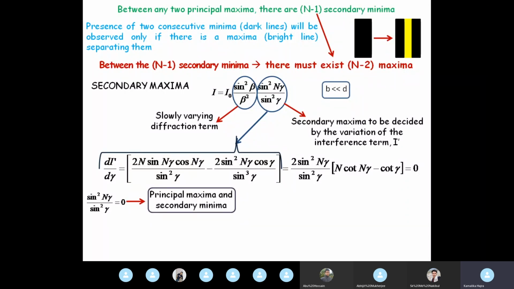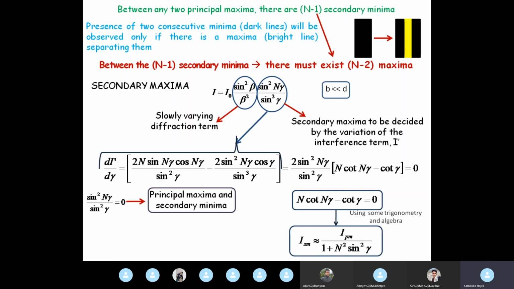Therefore, n cot n gamma minus cot gamma equal to 0 will give me the values of the secondary maxima, and the intensity at the secondary maxima. And we get this result: I secondary maxima equals I principal maxima, where PM stands for principal maxima and SM stands for secondary maxima, divided by 1 plus n square sine square gamma.